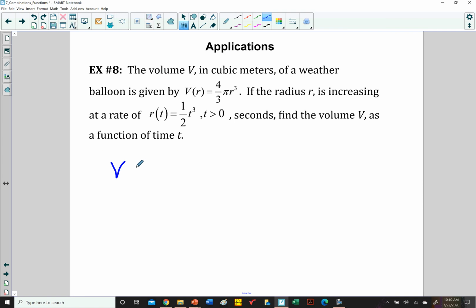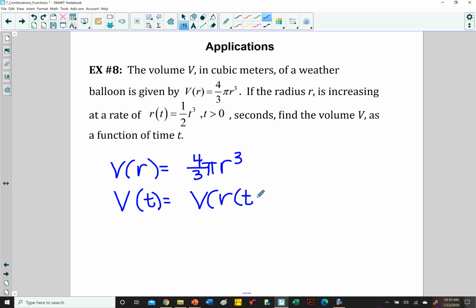So the volume as a function of the radius is 4/3 pi r cubed, and we want to take the r out and put in the function of time, which would be the composition. So we're going to replace the r's with 1/2 t cubed.